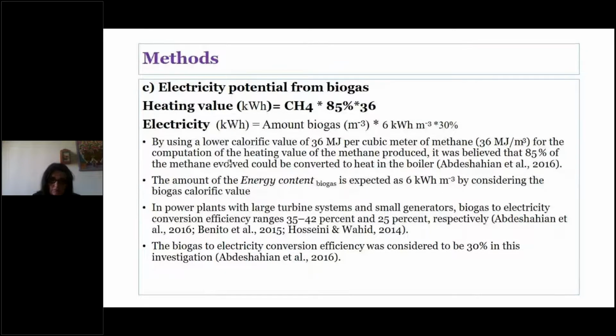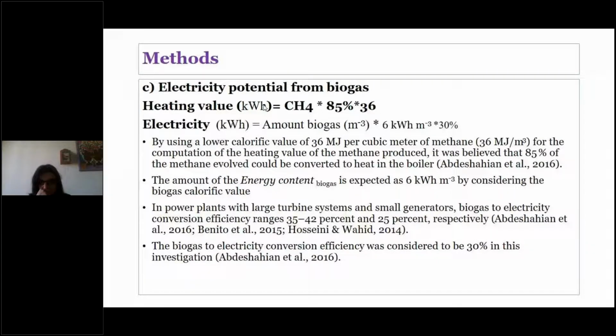Here we calculated the heating value generated from biogas and the electric power that could be generated from the site. The heating value equals the amount of methane produced from the site times 85% times 36. Of the total methane evolved, 85% could be converted to heat in the boiler, and 36 is the lower caloric value, meaning about 36 megajoules will be generated per cubic meter of methane.